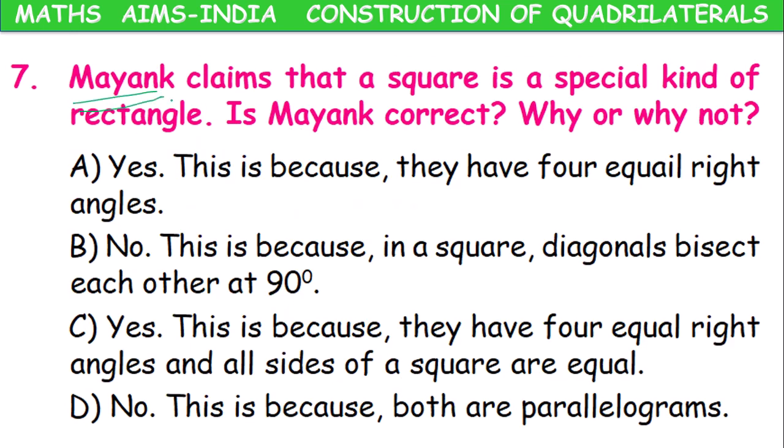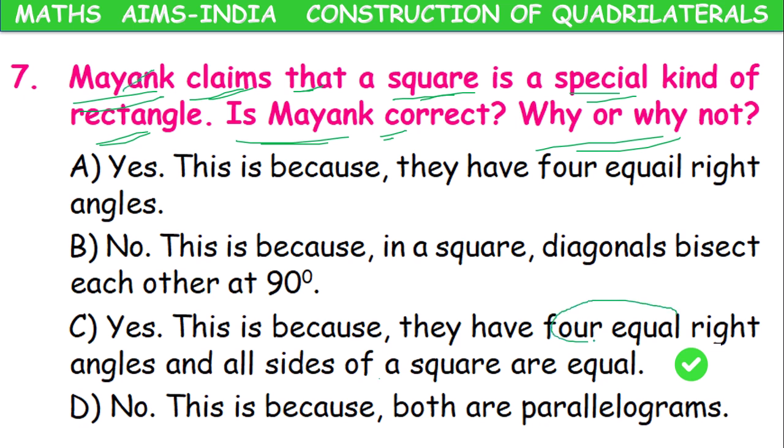Next, Mayank claims that a square is a special kind of rectangle. Is Mayank correct? Why or why not? So yes, Mayank is correct, because in a square all four angles are right angles and all sides are equal.